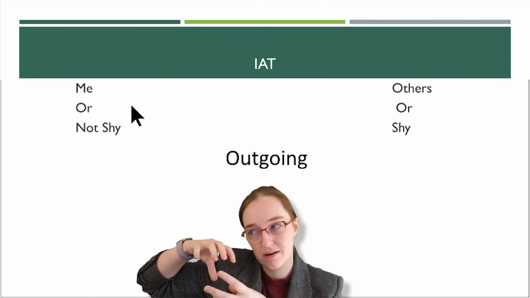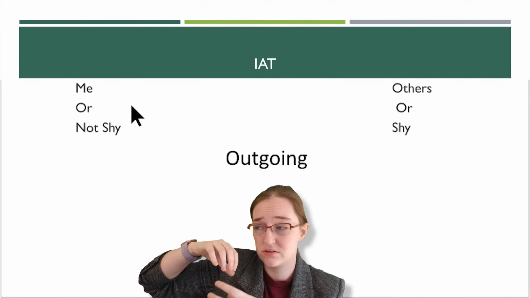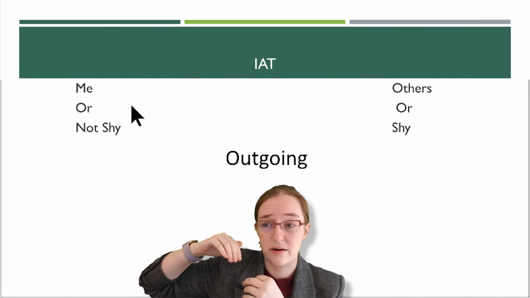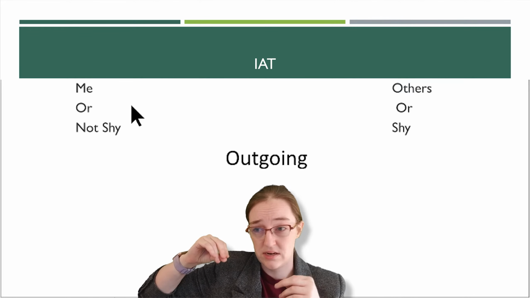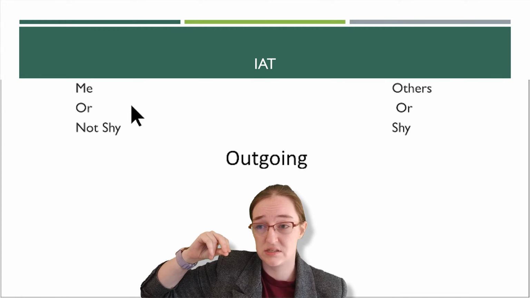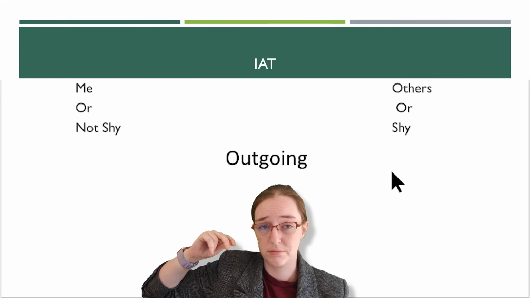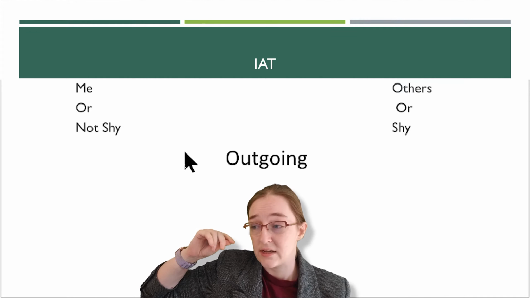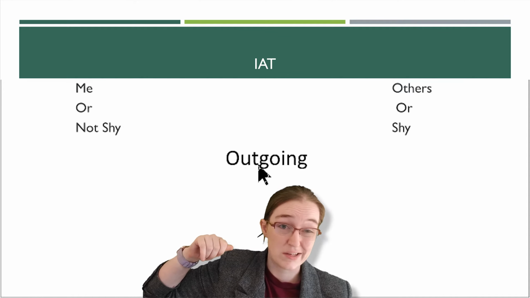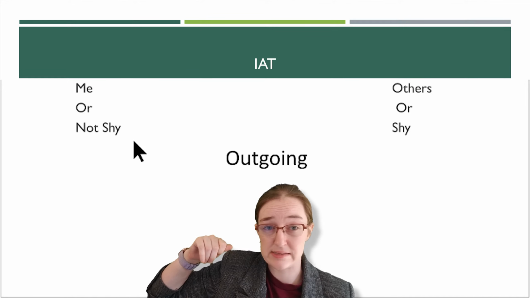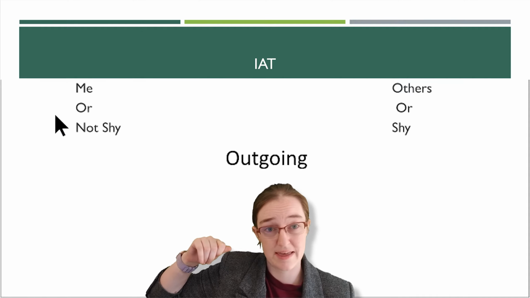So if you view yourself as super shy, now with outgoing, you'll think, okay, me, not outgoing. So your instinct is to put it in the other group, because you're not in the other group, you're in the me group. But you're supposed to put it in with the me/not shy group, because they're together.